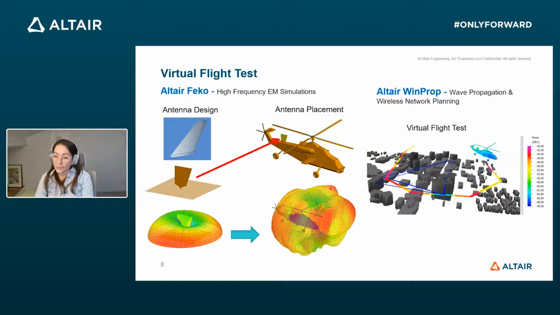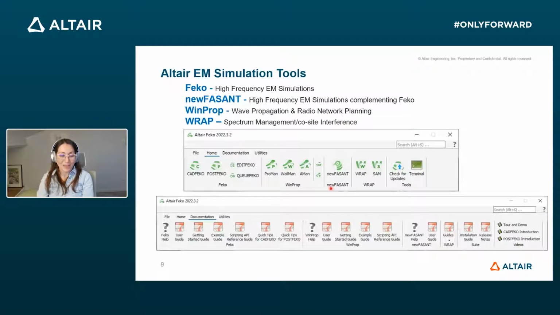And actually, the main goal is to also analyze the effect of the environment, and more specifically the multipath effects on the performance of the communication system. So the power, the received power, etc. So this is one of the examples where we are able to complete our electromagnetic analysis using these multiple tools.